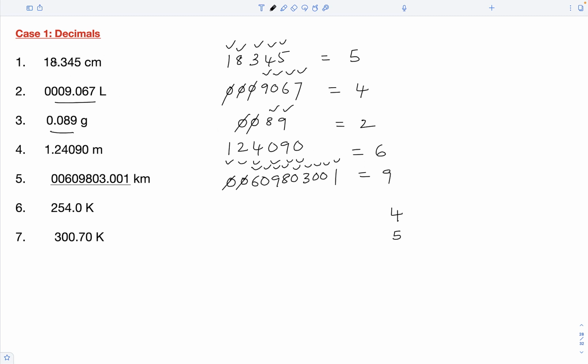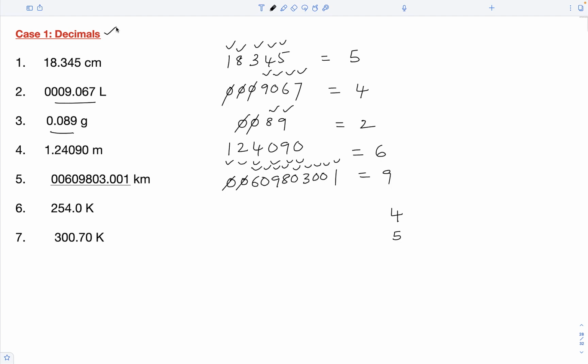Just ignore the decimal point, strike off all the digits that do not change its magnitude and count the remaining digits. You don't have to memorize any rules to do this, right? So we had no problems at all in figuring out the number of significant figures in case of decimals.